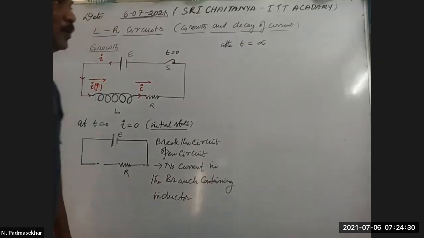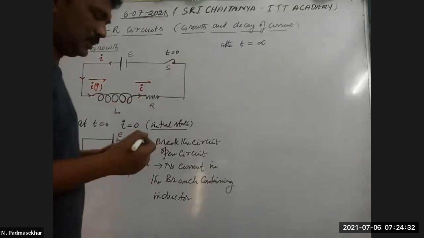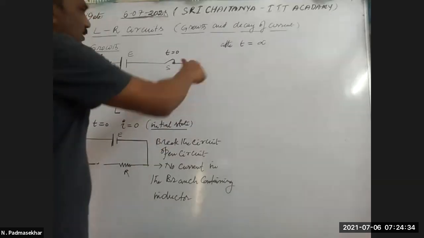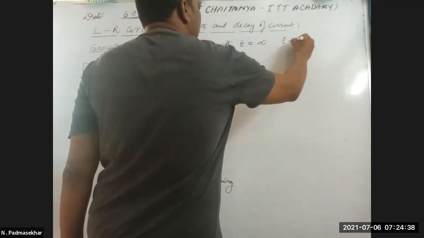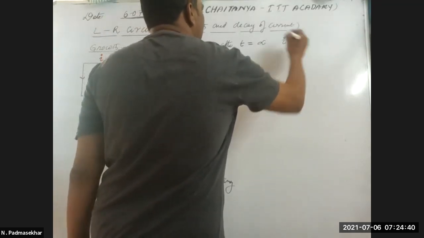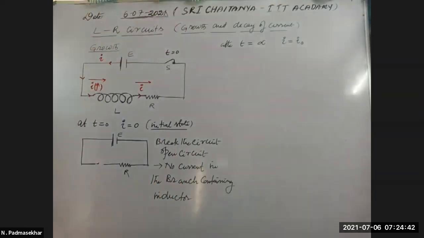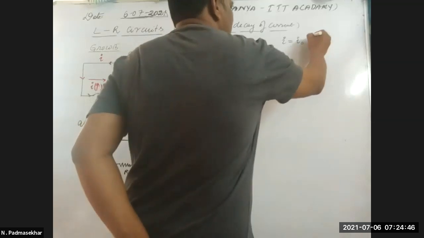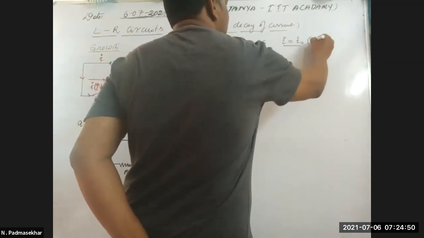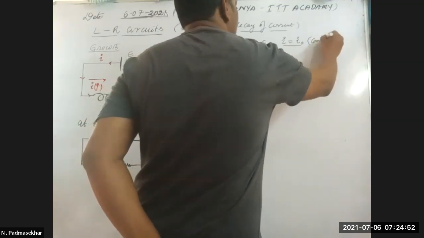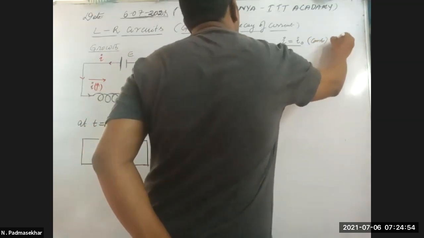So t equals more time, t equals infinity. At that time the current I equals the maximum current, that is I0. So maximum current is nothing but, after attaining the maximum, this current is constant. This is the maximum current.